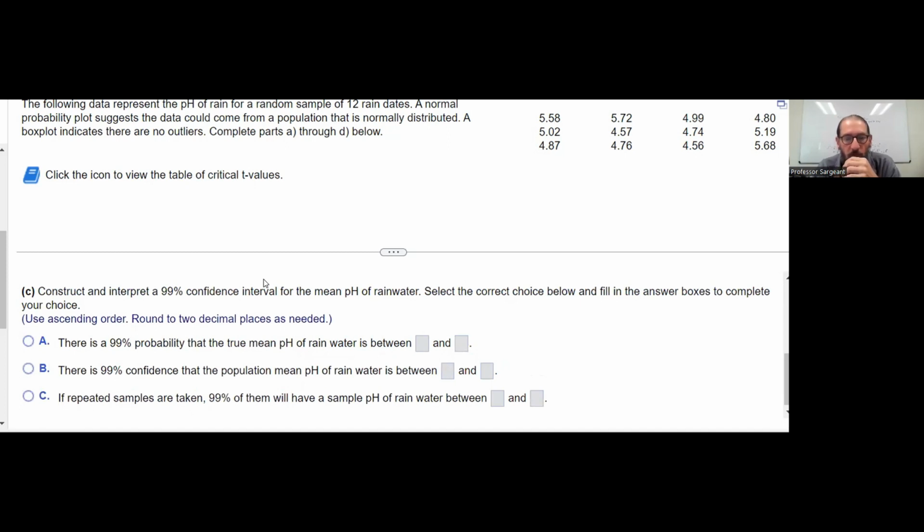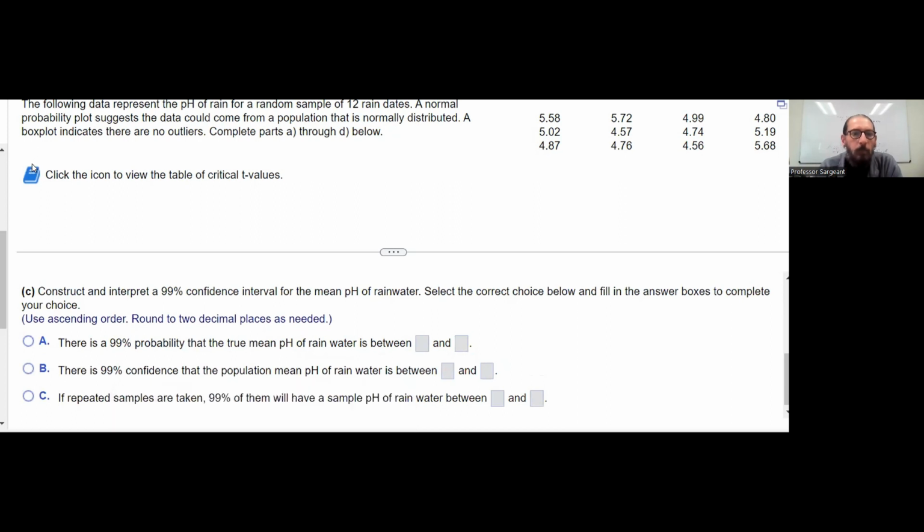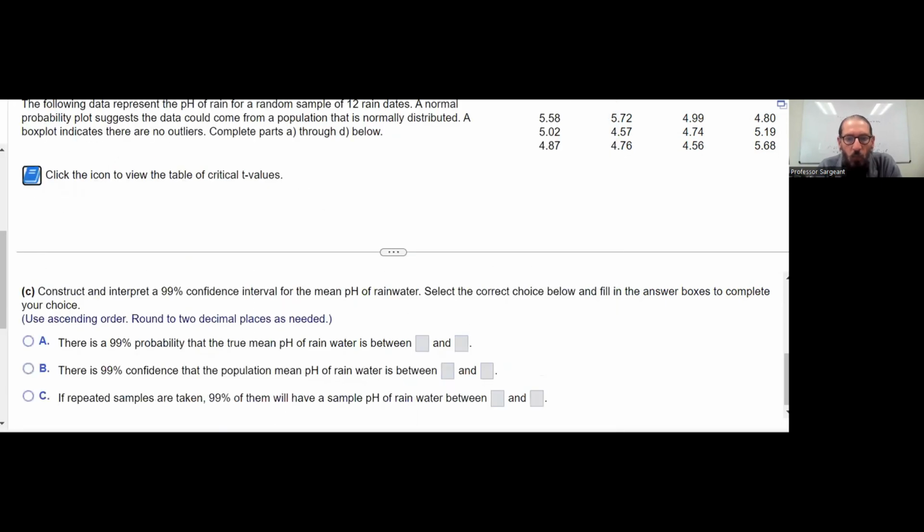Increase the confidence level. Increasing the confidence level, we look at the table here. Now that we have 1%, take that away. Sorry, take 100 minus 99. That's going to be 1%.